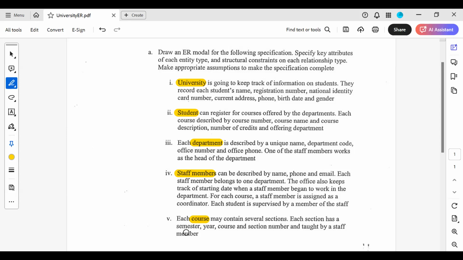Office. Okay, office. But remember, you have to find attributes. I'm just putting it out. What about semester?